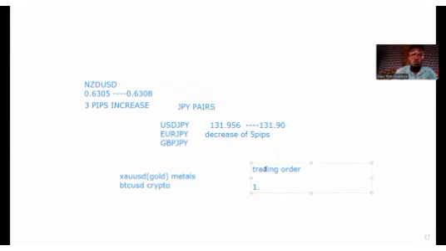Number 1, we have instant execution. We need to know that first. Number 2, we have pending orders. Under the pending orders, we have 4 different ones.